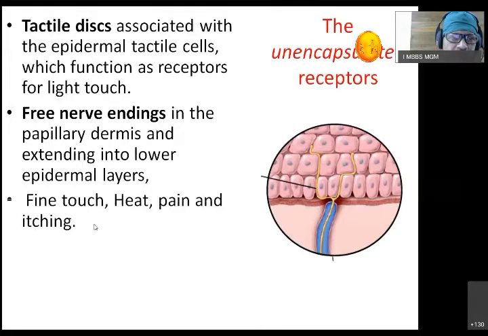What is its function? Its function is fine touch. We talk about two-point discrimination, correct? When this fine touch is too much, something pricks you, that gives a noxious stimulus, we call it pain. You talked in the spinal cord about the spinal reflexes for pain. Just remember that any noxious stimulus gives a reflex arc.